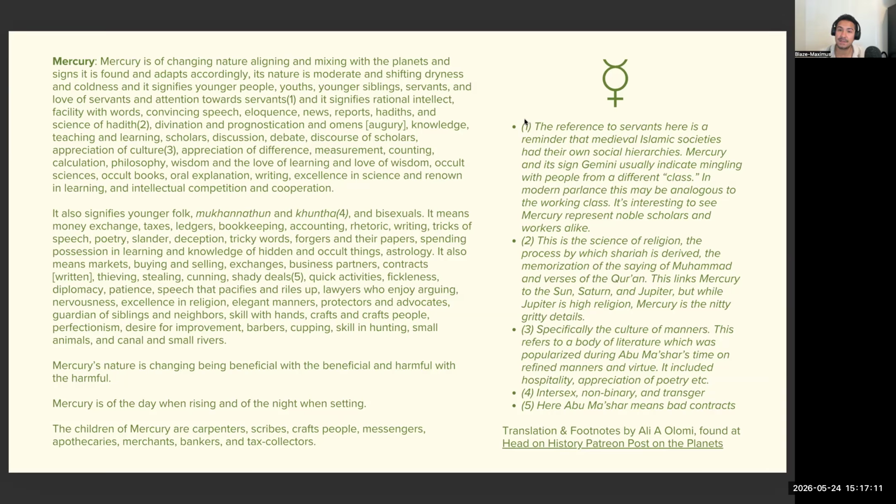If Mercury is east of the sun, then Mercury is a morning star. And if Mercury is west of the sun, it's an evening star. And the children of Mercury are said to be carpenters, scribes, craftspeople, messengers, those who work in apothecaries, merchants, bankers, and tax collectors, all signified by Mercury here.